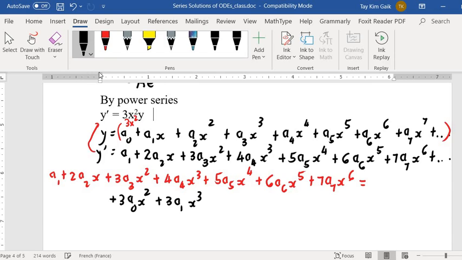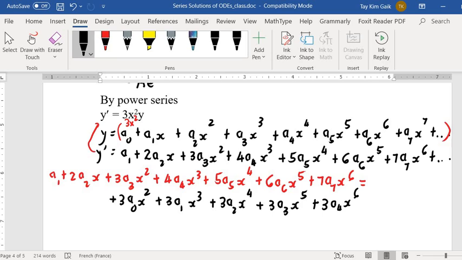This term times 3x squared gives 3 a2 x power 4. This one gives 3 a3 x power 5. This one gives 3 a4 x power 6. I just stop at x power 6 here.